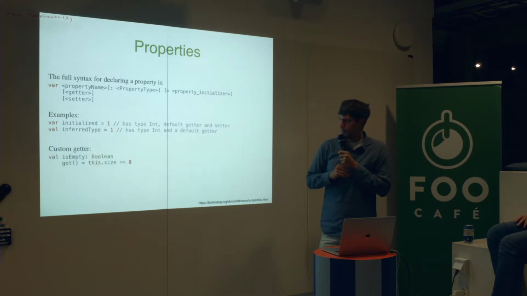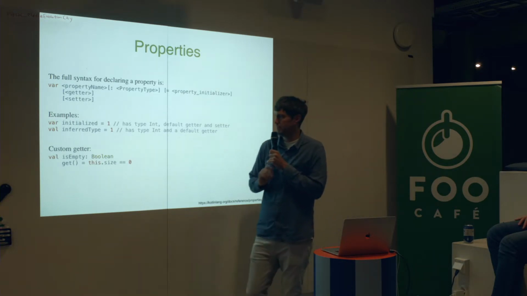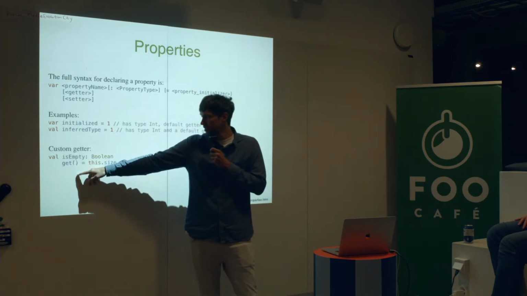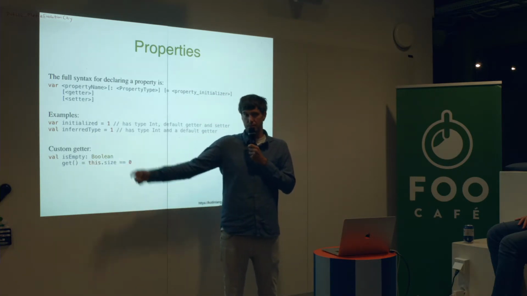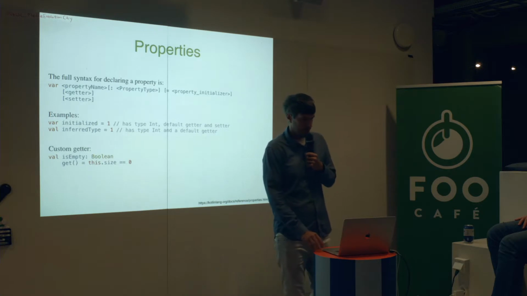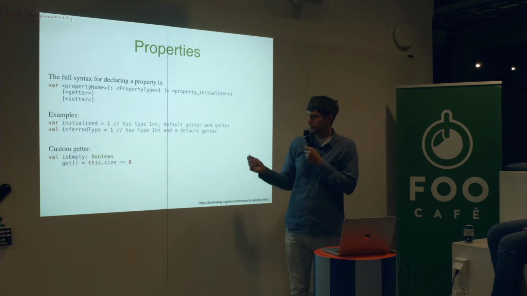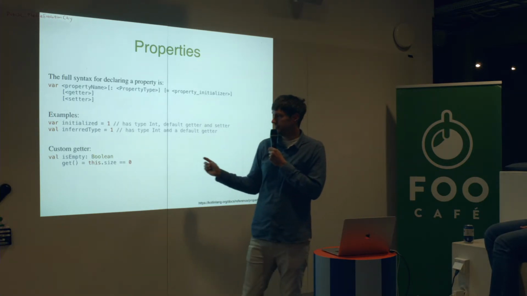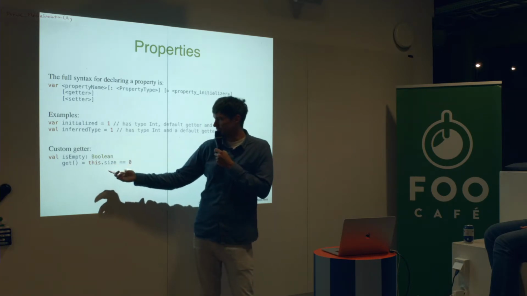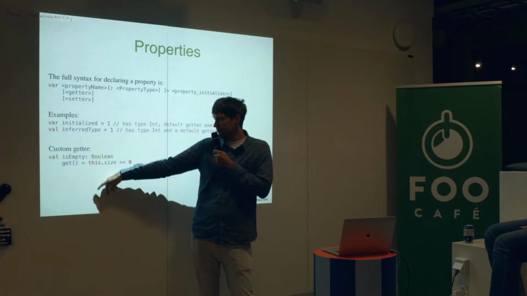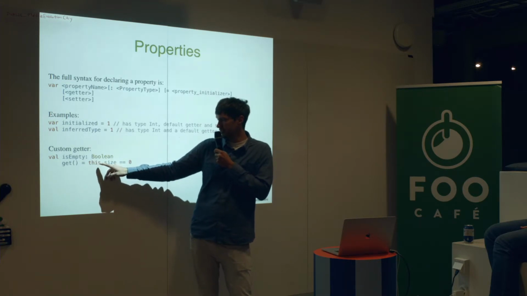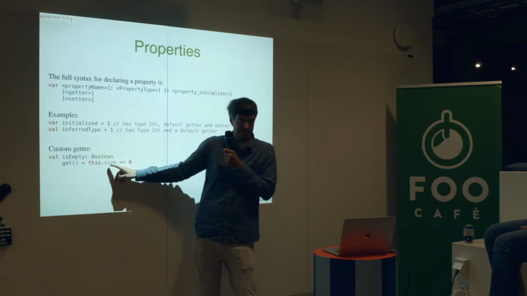But to override a getter, you do it like this. You specify the get method here, and then you can implement your own code for the getter. In this case, it's actually a little bit interesting, because here we add this isEmpty property, and this doesn't hold any state by itself.